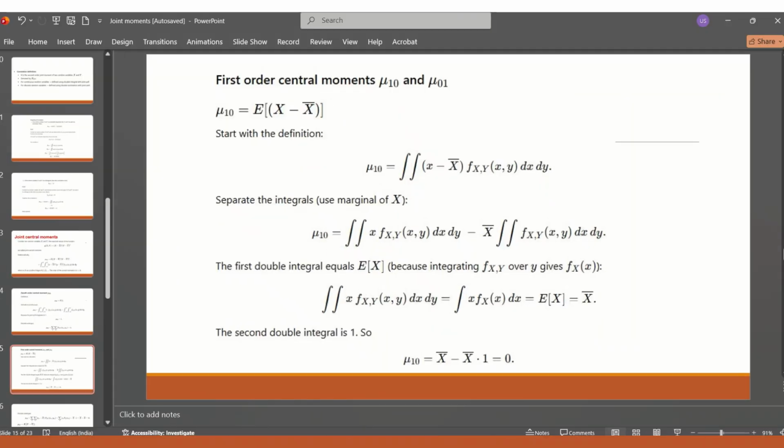Sorry for the disturbance. We see from the first order central moment, mu 1 0 is equal to the expectation of x minus x bar. That is represented as mu 1 0 is equal to the double integral from minus infinity to infinity of (x minus x bar) along with its joint density function.